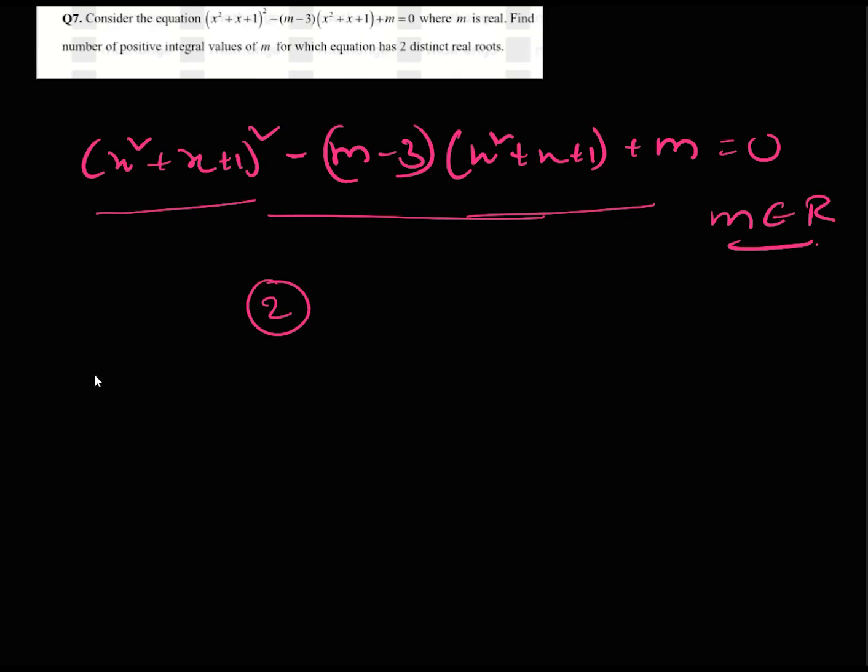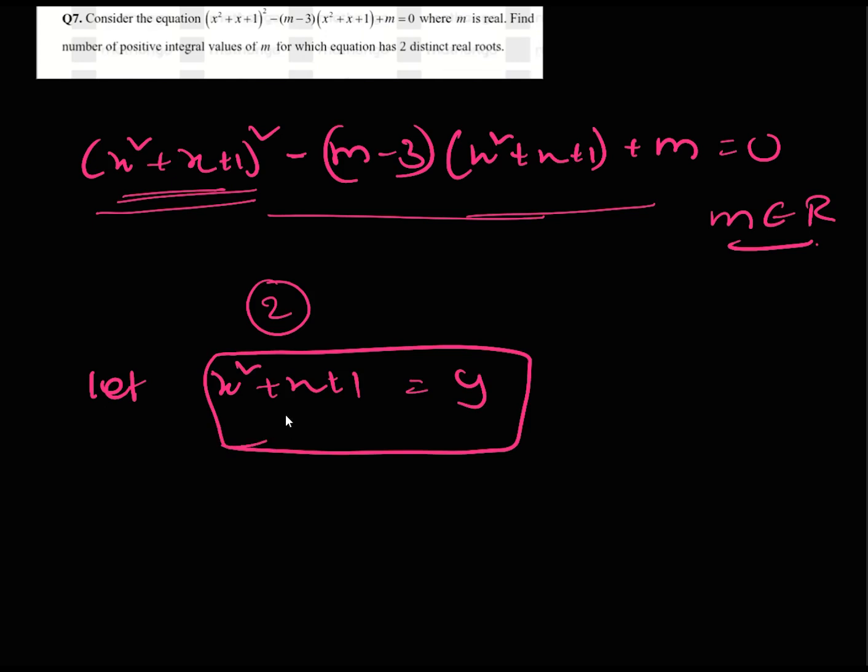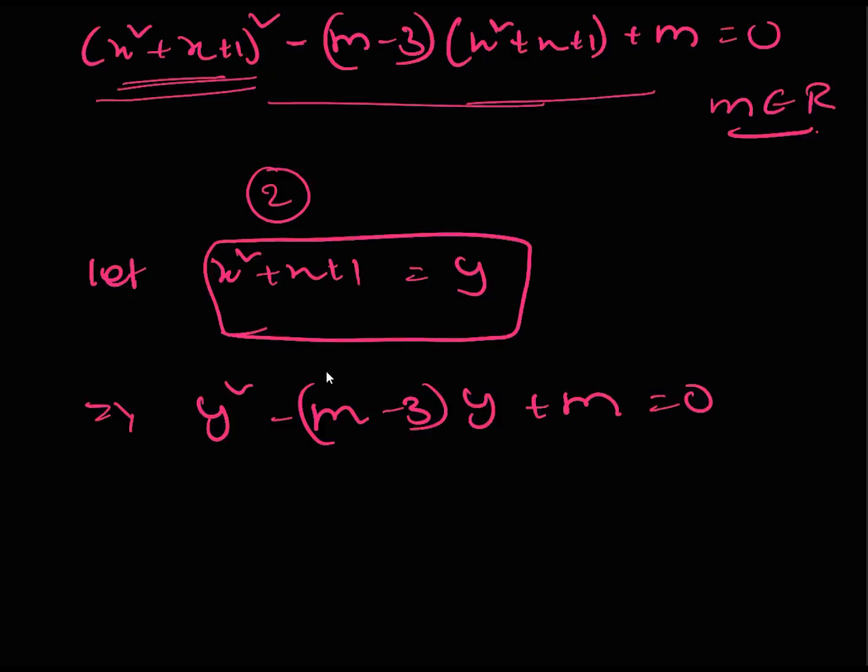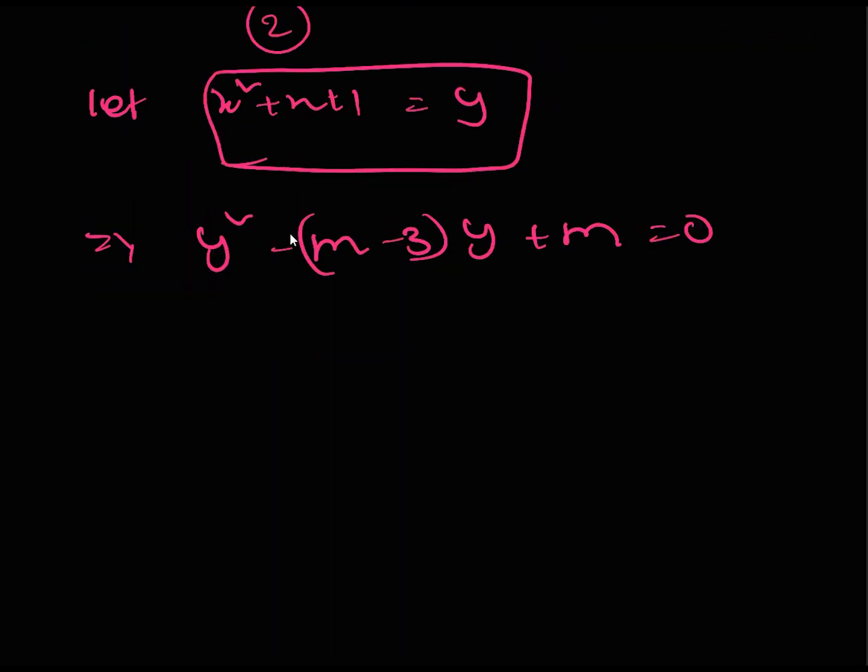So now let us take this x square plus x plus 1 as y. Now we will get the equation as y square minus (m minus 3) times y plus m equals to 0. Now we want that this equation has two distinct real roots.